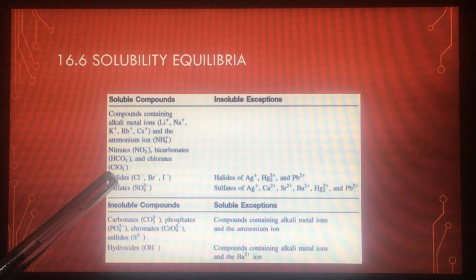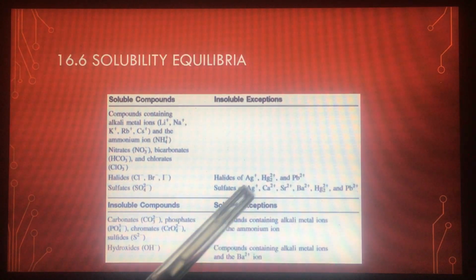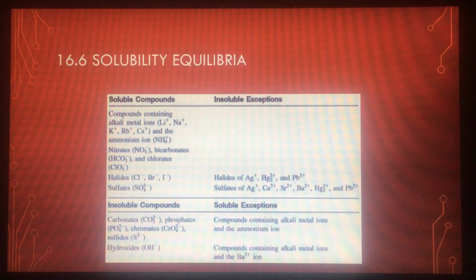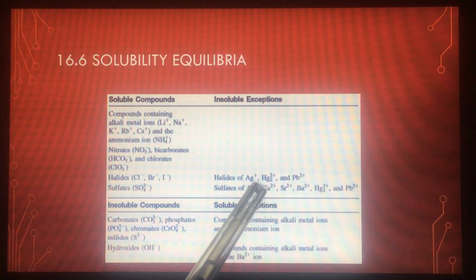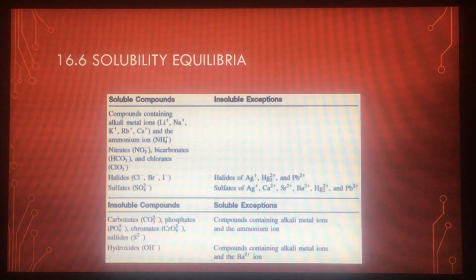Then we have halides, the chlorides, bromides, and iodides. They are soluble compounds except if we have silver, mercury 1, and lead 2 ions as their cations. So for example, silver chloride is insoluble. Silver bromide is also insoluble, as well as silver iodide.